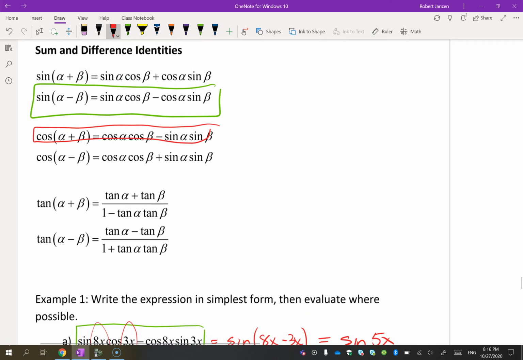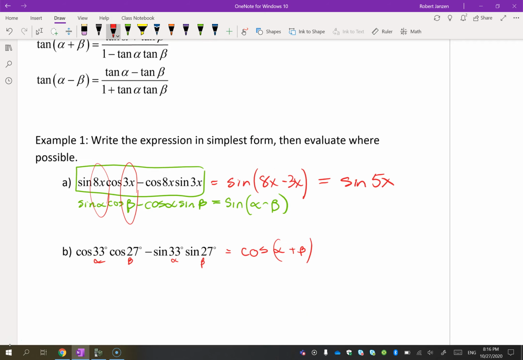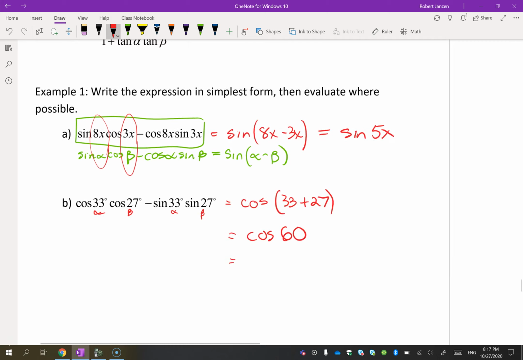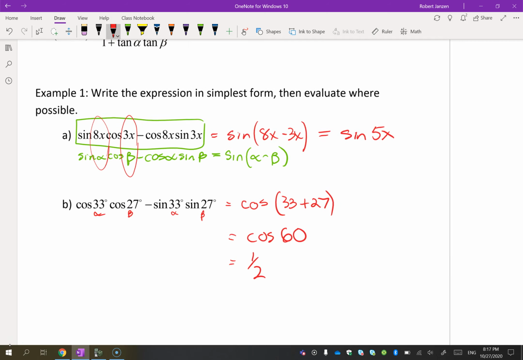All right? See, that's cos alpha plus beta. So what is alpha and what is beta here? Alpha is 33 and beta is 27. So this is cos of 60, and cos of 60, you know, is half.